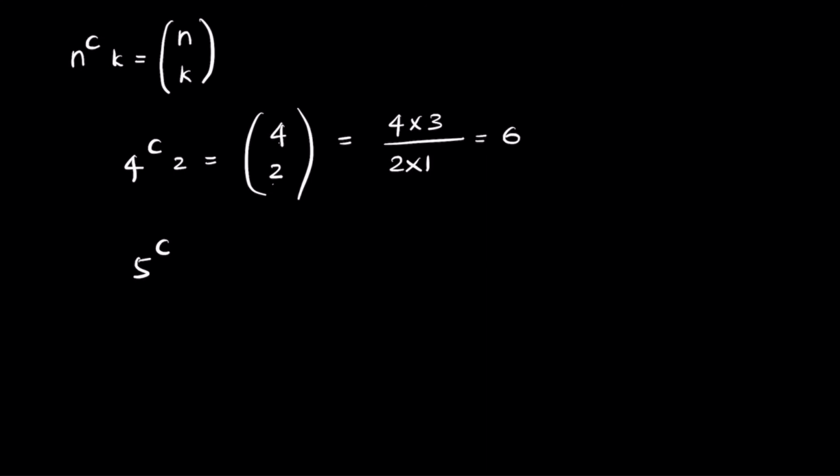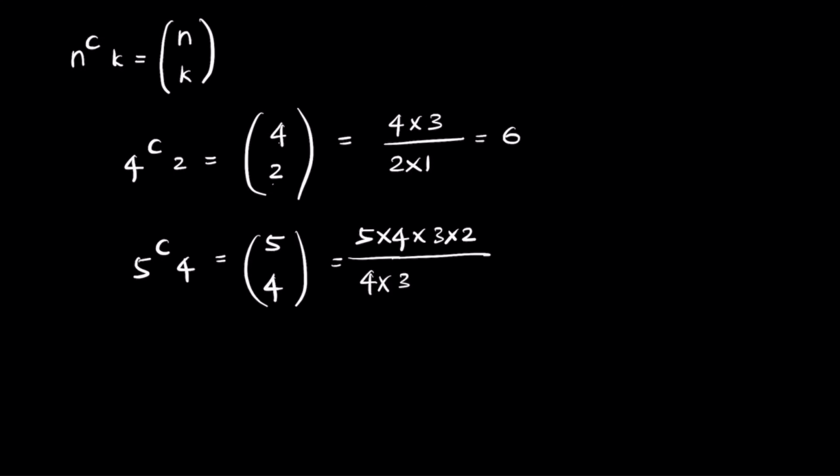You can try 5C4. Again, remember 5 over 4. So write 5 in reverse 4 times: 1, 2, 3, 4. So you have written 4 times in the backward direction, and in the bottom part take the factorial. So 4 times 3 times 2 times 1, which becomes 5.